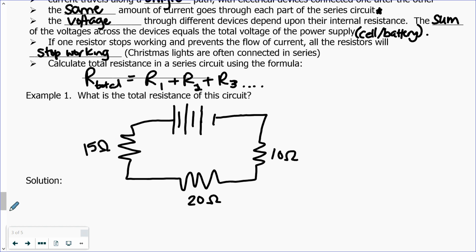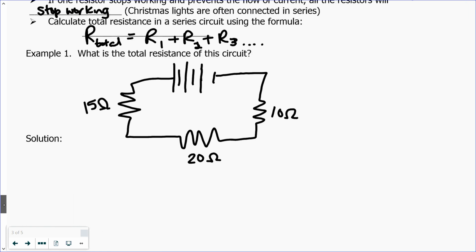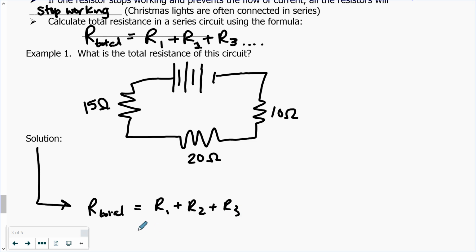Looking at the resistance for this pretty straightforward little series, we in total have 3 resistors connected in series. So our total resistance is equal to the resistance of 1 plus the resistance of 2 plus the resistance of 3, since we just have 3.